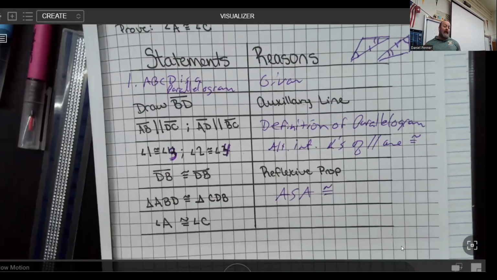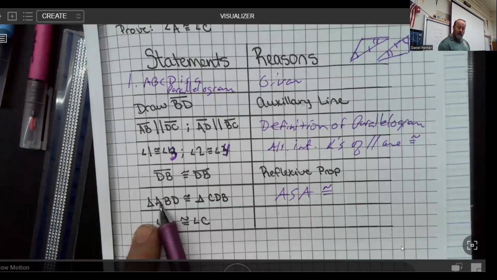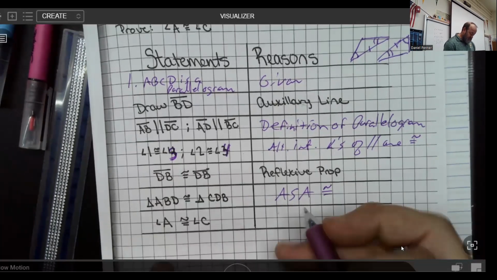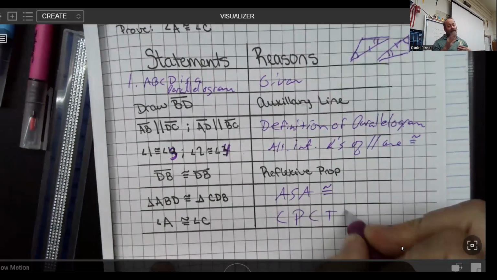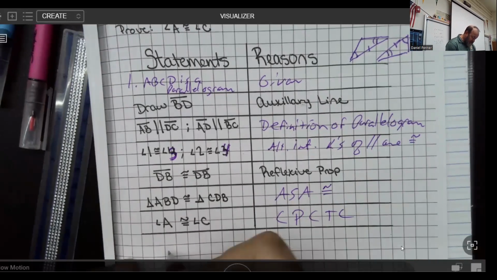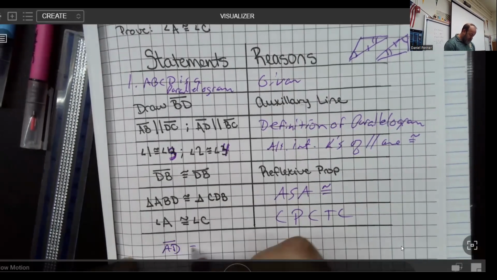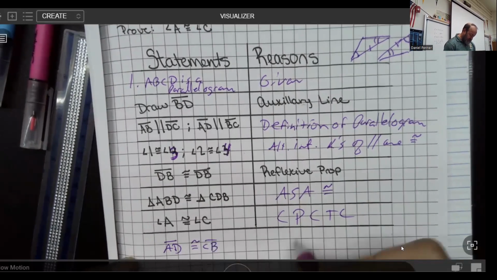And so what happens as a direct result of that is, if you know triangles are congruent, then you know all of the pieces and parts are in fact congruent. And one of those things is, notice that angle A would be congruent to angle C, and that was because of CPCTC. Now, for the sake of being quick, I also would like to note that AD, the side length A to D, would be the same as the side length from C to B also, because of CPCTC.